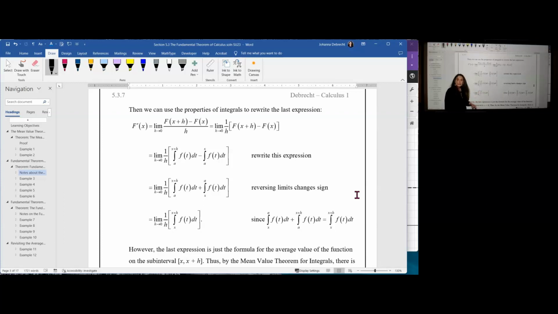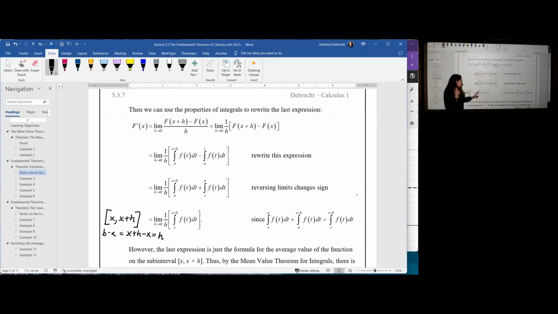Now, if we're looking at this, the interesting thing is the interval over which this one is being evaluated is from x to x plus h. If I were to find b minus a, this would become x plus h minus x, which equals h.